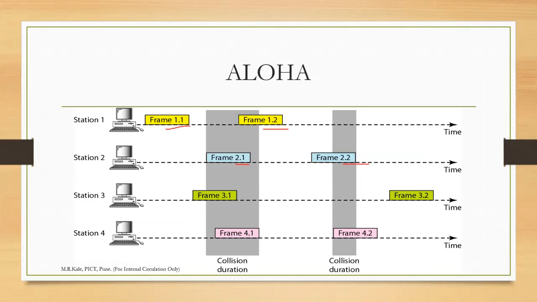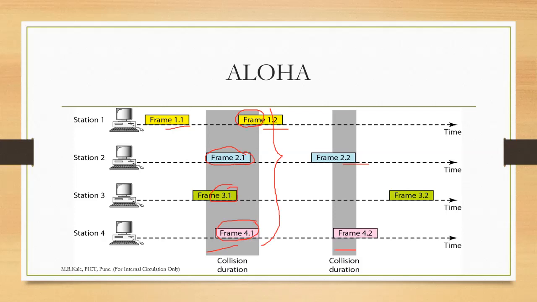What happens is, in this shaded area, you can see that some part of frame 1.2, the whole frame 2.1, the trailing part of 3.1, and the whole frame 4.1 are all sent on the channel at the same time. That is why the whole lot of data collides and there will be unsuccessful delivery. Rather, data will be destroyed.